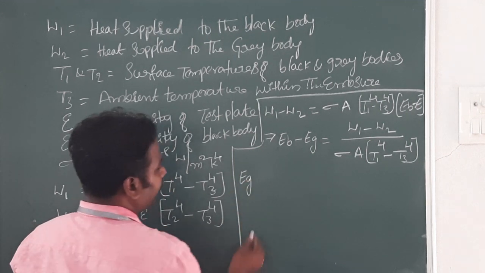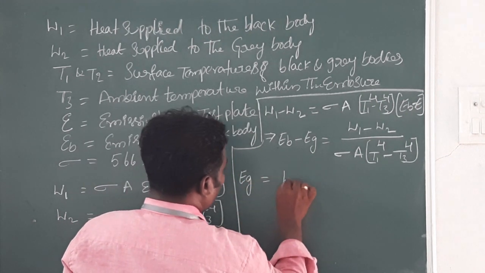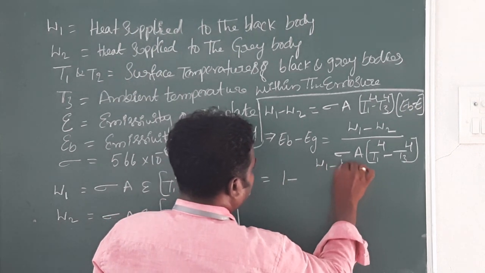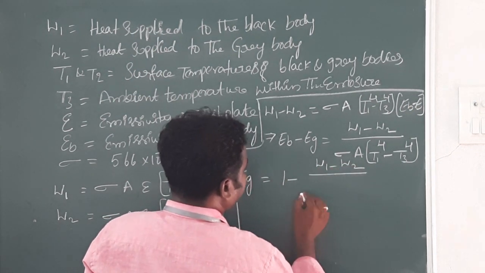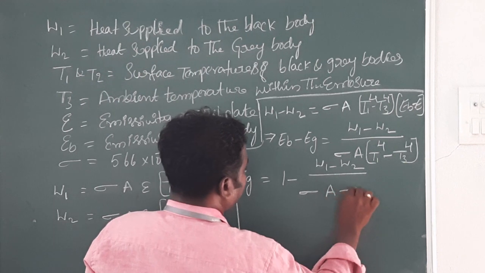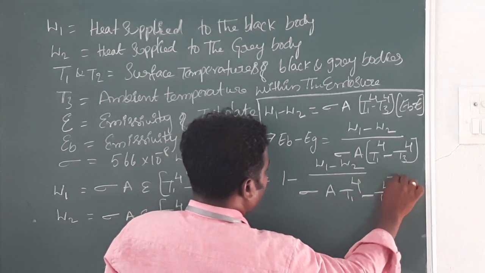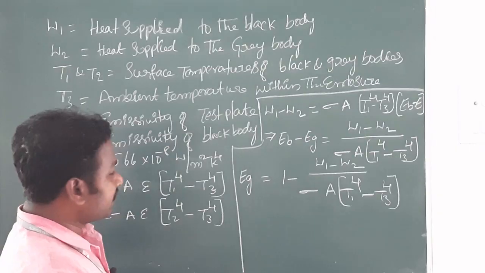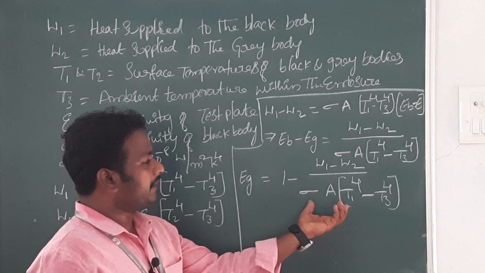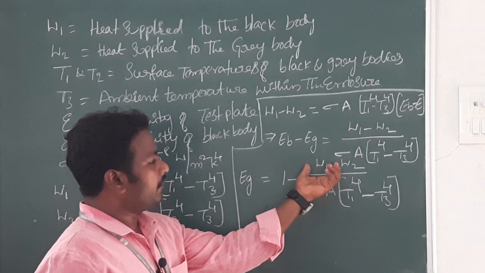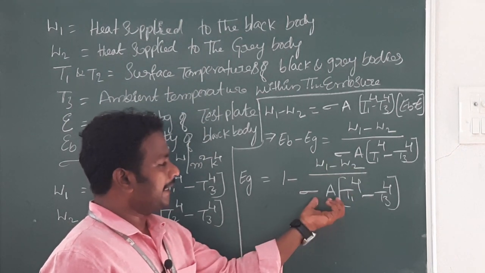So emissivity of gray body equals 1 minus W1 minus W2 divided by sigma A T1 power 4 minus T3 power 4. Substitute all the values: W1, W2, sigma, area.